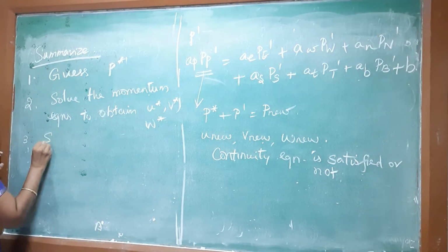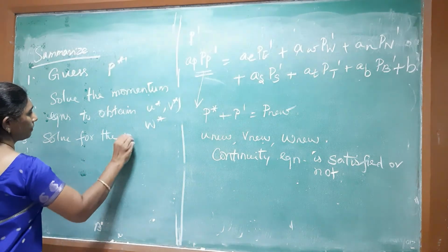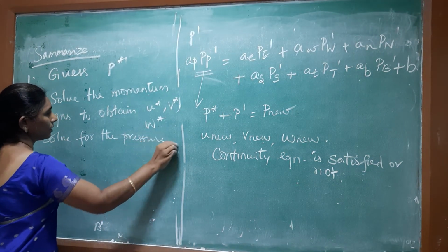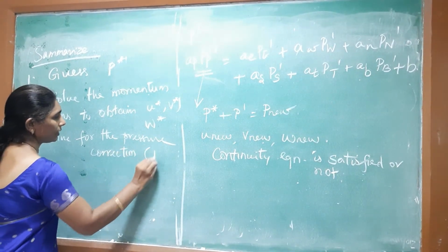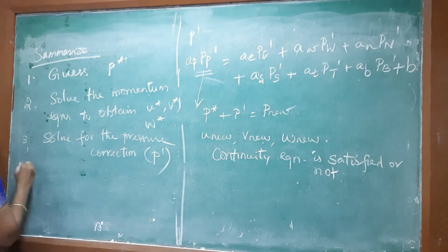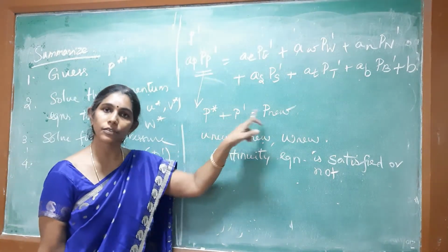Next, solve for the pressure correction equation. What is pressure correction equation? It is P dash, right? So we have to solve for this. Now, using this P dash, that is, as I told, P star plus P dash will give P new.